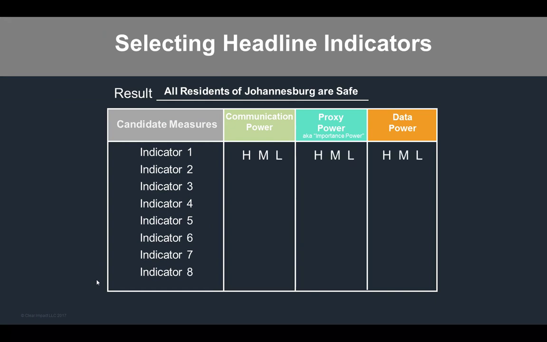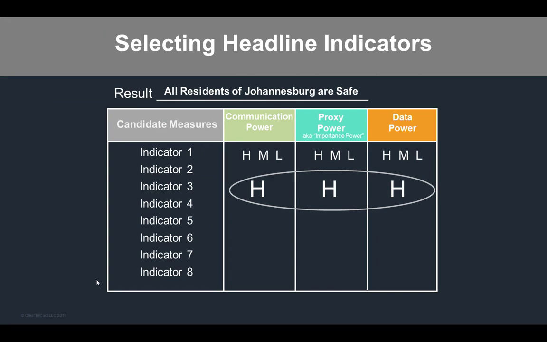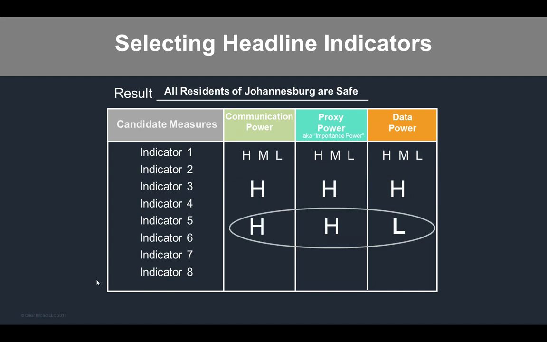Rate each for the 3 criteria, assigning either a high, a medium, or a low score. For any indicator that rates high on all criteria, that is a good candidate for your headline indicator. Also note that if you get a low on data power, that measure or indicator is a candidate for data development. I should say a data development agenda.